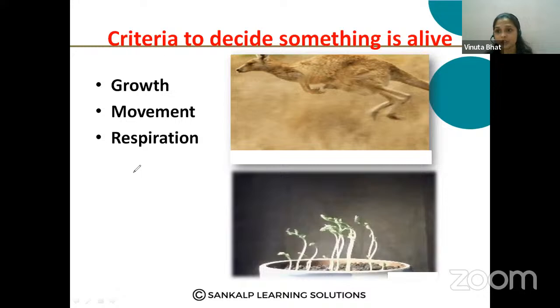Respiration can be observed externally in animals, but plants also respire through the stomata. They have special small pores through which they perform respiration. So these are the characteristics of living beings.